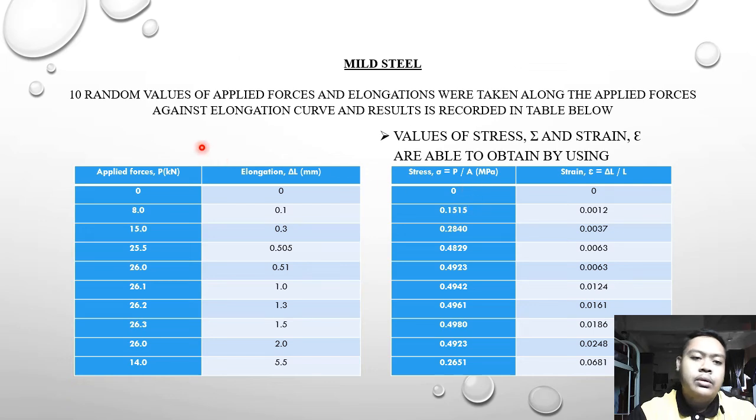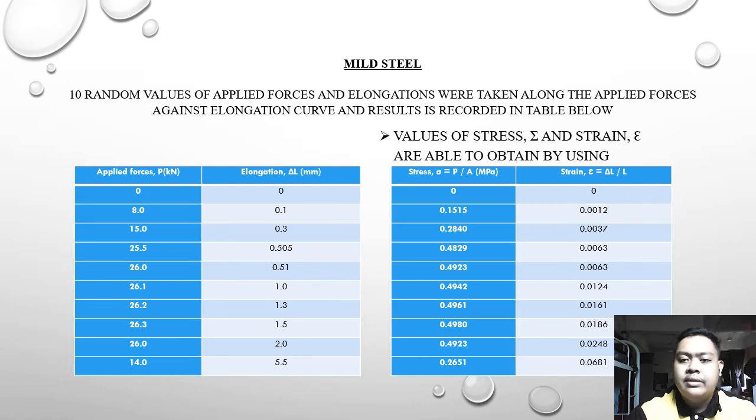P we get from here, and area we get from the machine, I will explain where the area is. This is the strain. Strain is the elongation divided by L, the original length that we get before we test the mild steel.